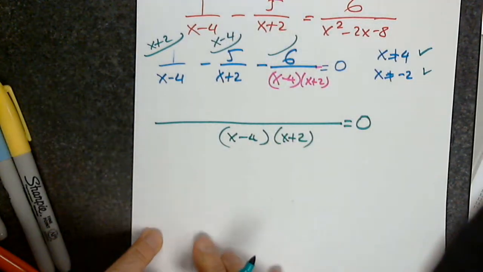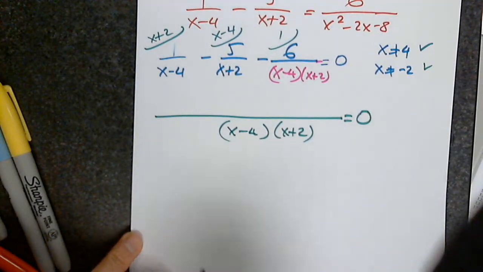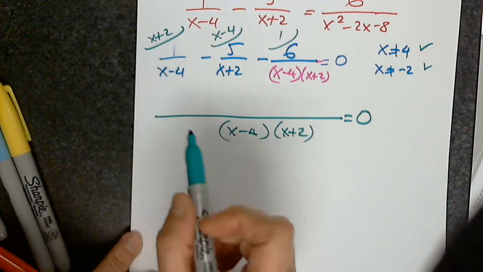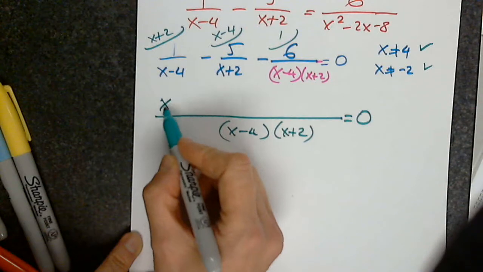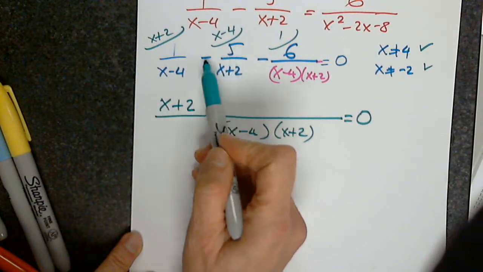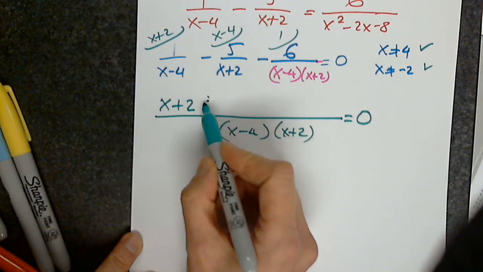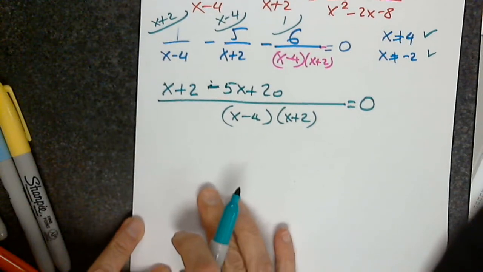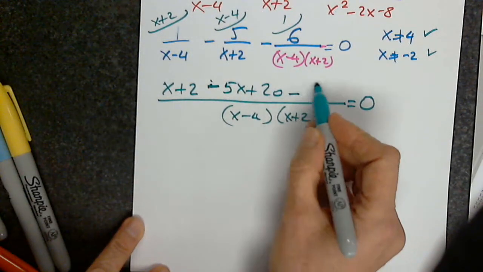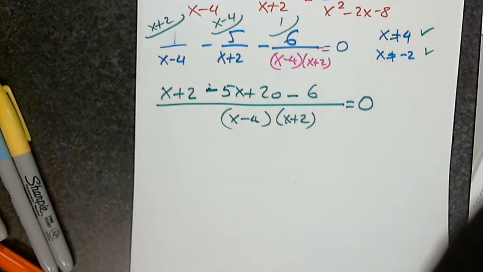And the top needs, and I shouldn't even bother with that, 1. Good. So 1 distributed to x plus 2. What do I get? X plus 2. Negative 5 distributed to x and negative 4. Negative 5x plus 20. Very good. And then finally, minus 6. Awesome. Good. Next step.